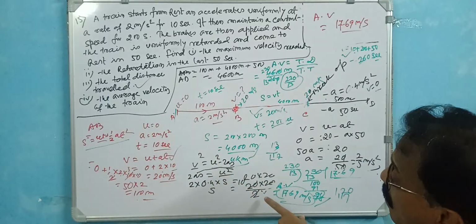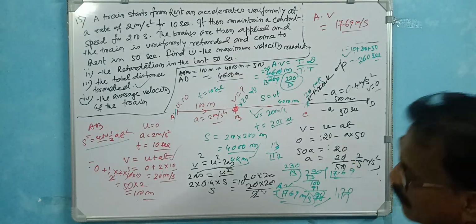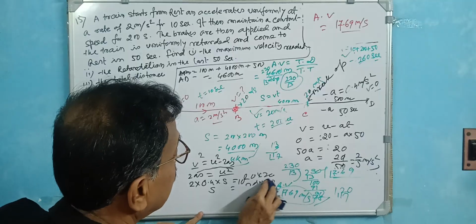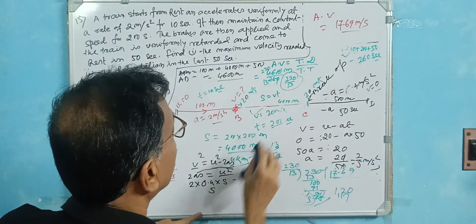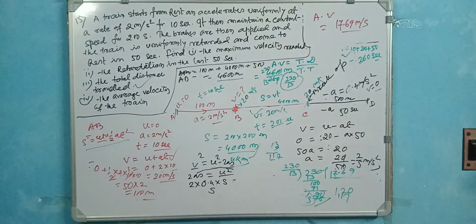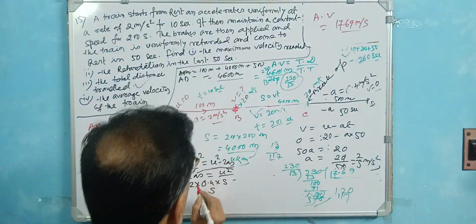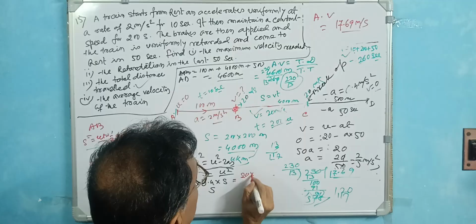I will make the calculation a bit clearer. How did this come? Let me clear the calculator. This is actually no problem at all. Is it clear to you? Twice AS is u square, where u is 20 into 20.